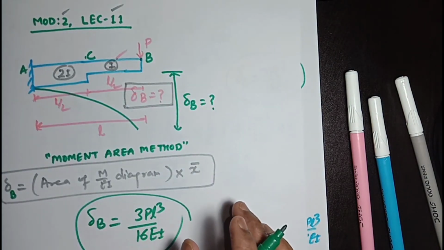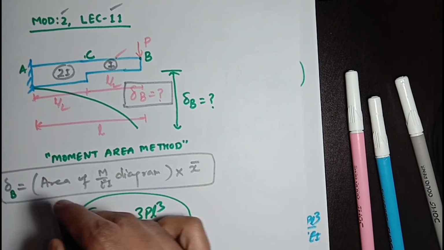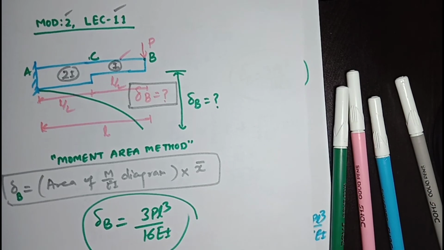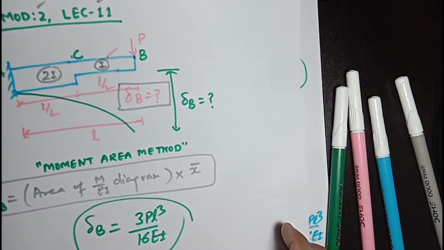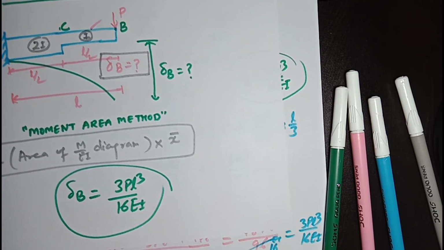I have solved this deflection calculation using the moment area theorem, and I think this calculation gives a clearer concept regarding the moment area method, and also how we generate the M over EI diagram, the critical part of this, because the bending moment drawing is very easy for a point load.